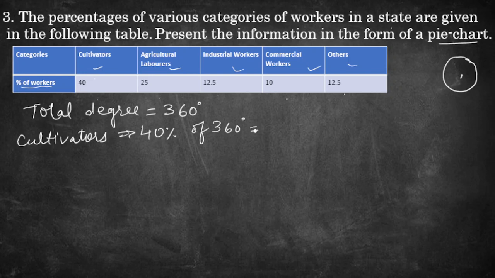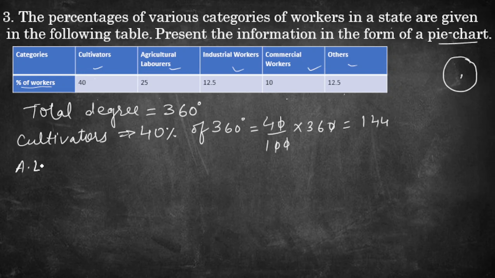Now 40% of 360 degree, how we will calculate? It will be 40. We will remove the percentage sign, 100 will come down, off means multiply 360. 0 to 0, 0 to 0 cancel out. Now 4 into 36, it is 144.